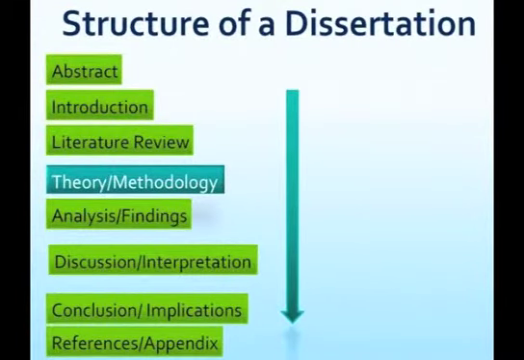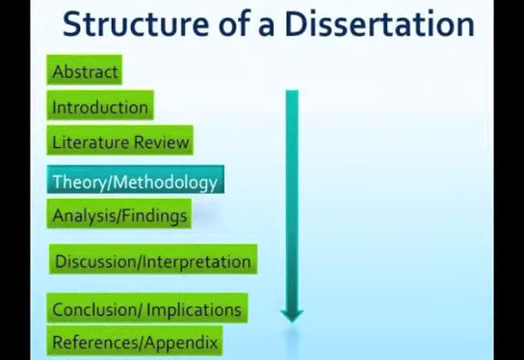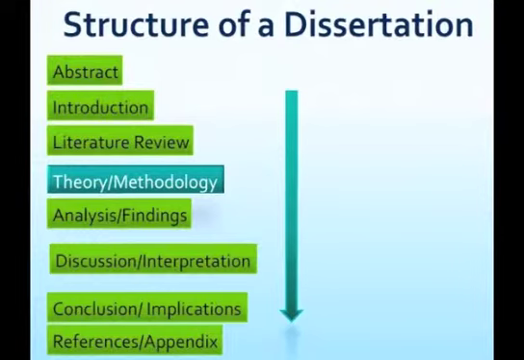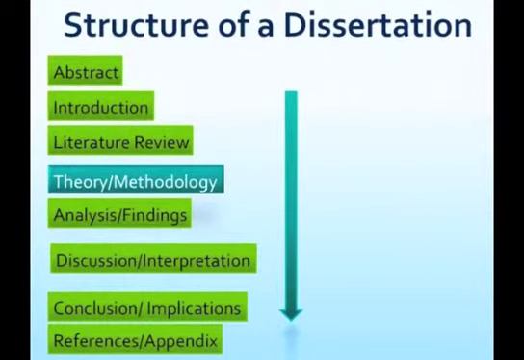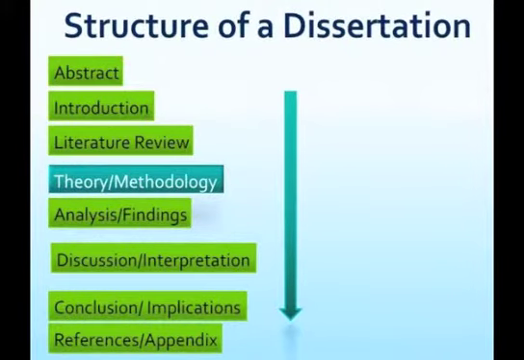Before I talk more in detail about the particularities of the methodology chapter, I just wanted to show you briefly the allocation of the chapter within the dissertation. As you can see, I'm placing it within a very traditional form of a dissertation.